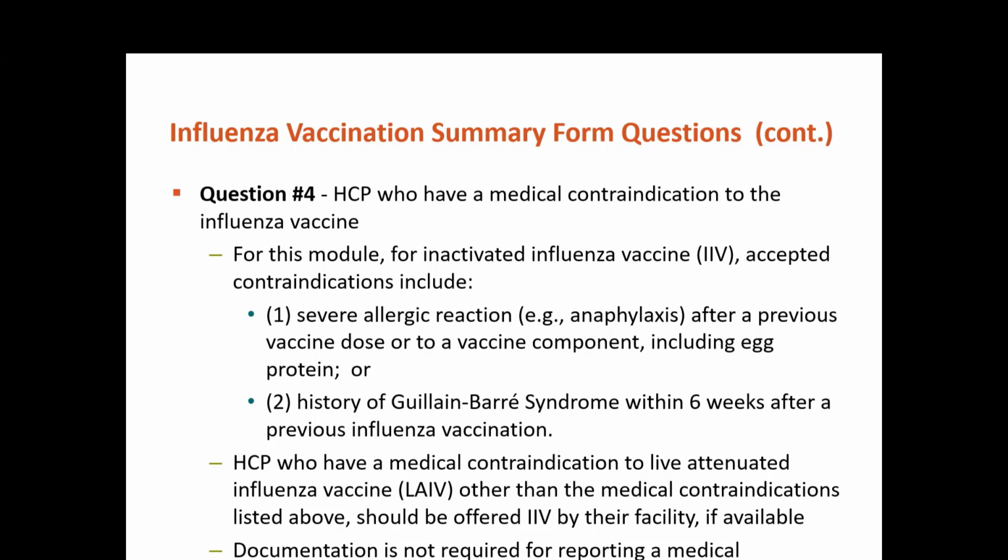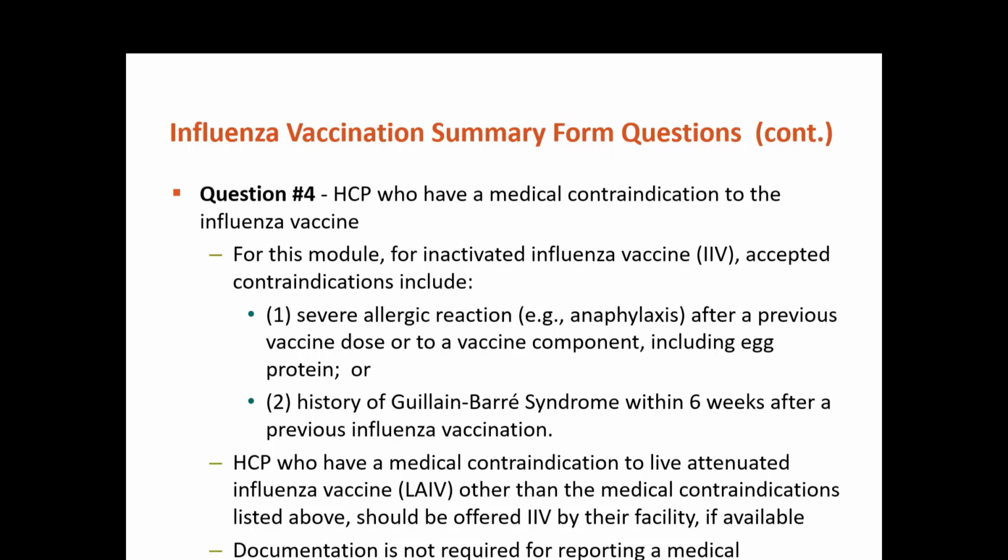Question 4 includes healthcare personnel who have a medical contraindication to the influenza vaccine. For the measure for inactivated influenza vaccine, accepted contraindications include a severe allergic reaction after a previous vaccine dose or component, including egg protein, or a history of GBS within 6 weeks after a previous influenza vaccination.